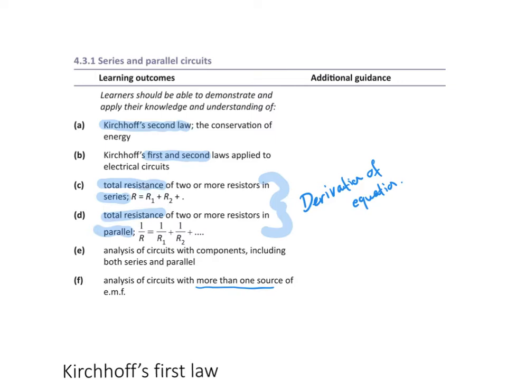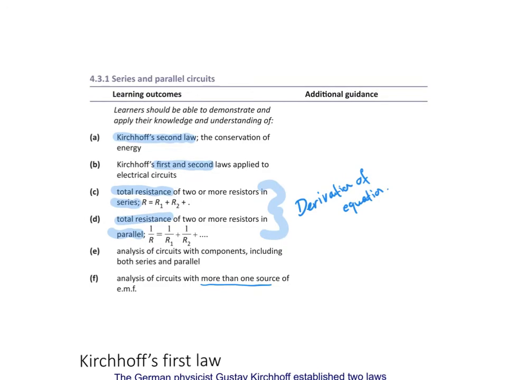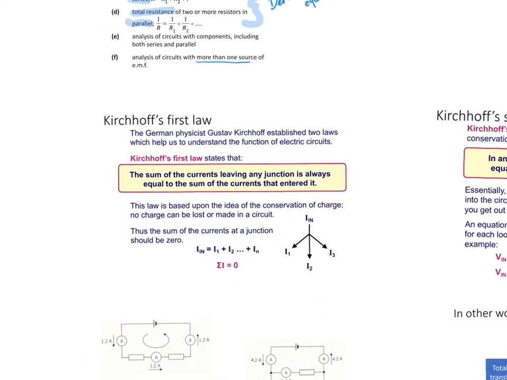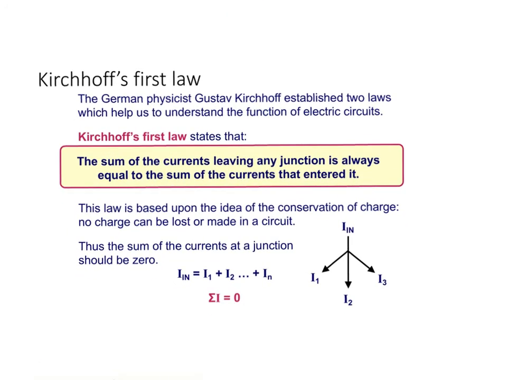So let's start first with Kirchhoff's laws and how they can be applied to electrical circuits. So a very quick reminder is Kirchhoff's first law, which we already saw in chapter 8. That was one of the first laws that we saw.